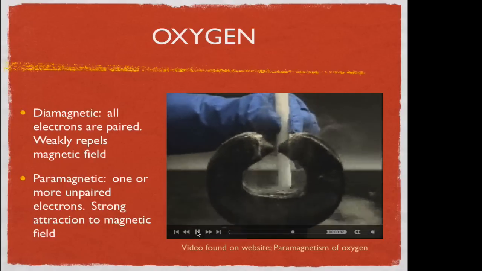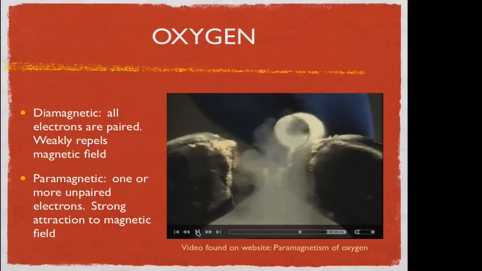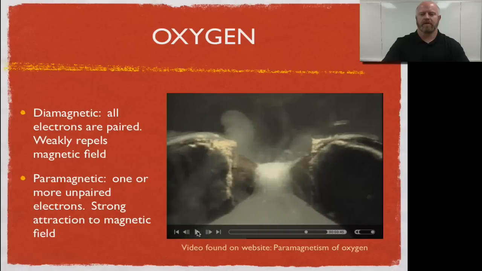The test tube contains liquid oxygen at a temperature of 90 kelvins. So see the difference here? The liquid oxygen actually gets suspended between the two magnetic poles because it's being attracted to those. And instead of falling through and splashing away, it's actually attracted to that magnetic field, showing paramagnetism.